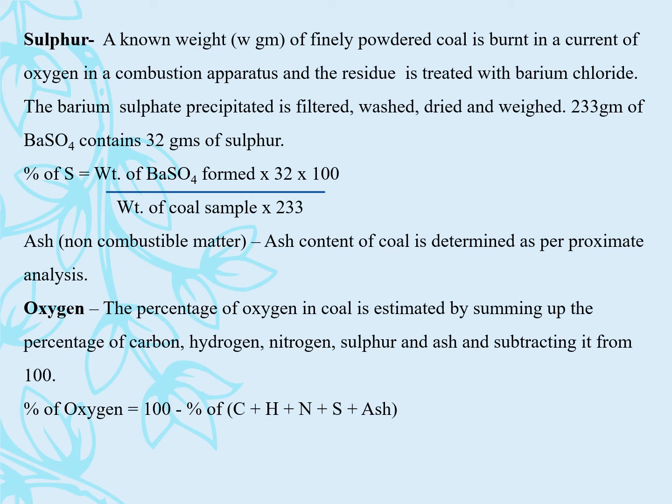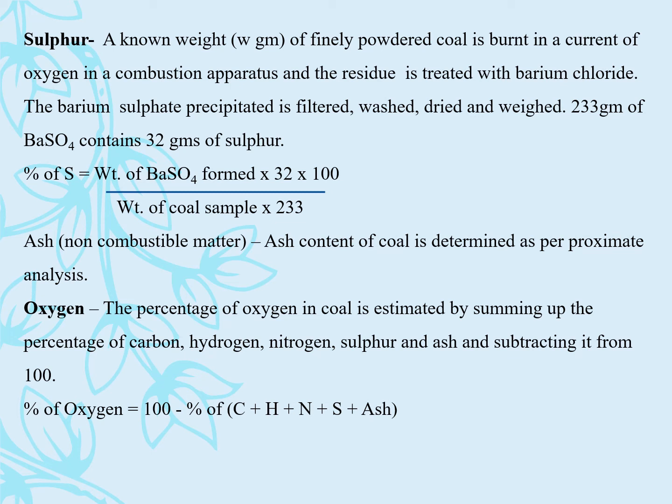Now, here we say 233 grams of barium sulfate contains 32 grams of sulfur. So, therefore, the percentage of sulfur is equal to the weight of barium sulfate formed into 32 into 100 by the weight of coal sample into 233.